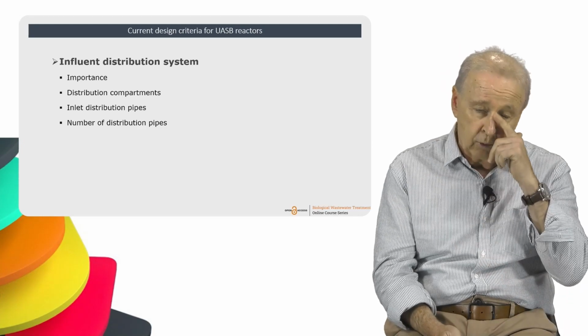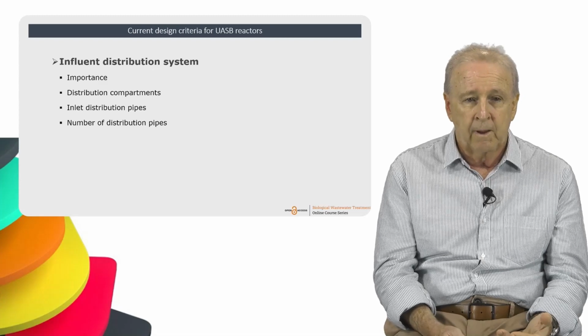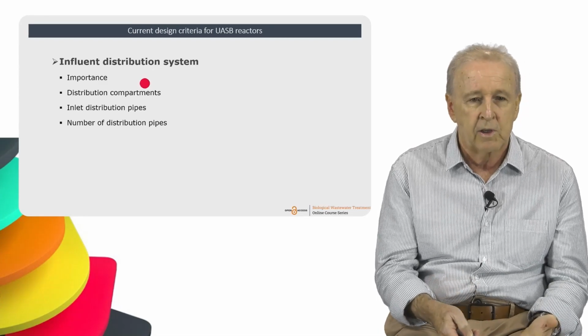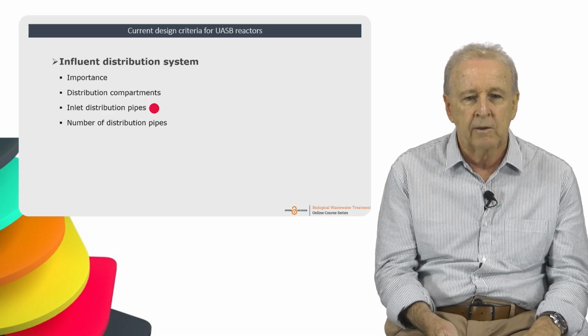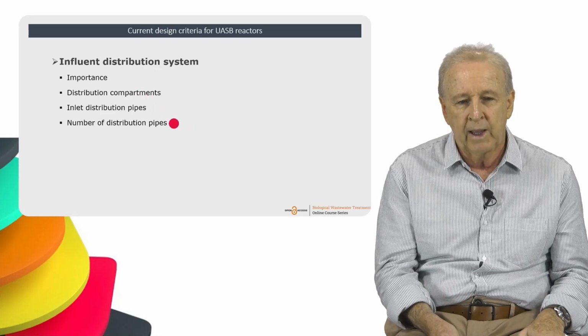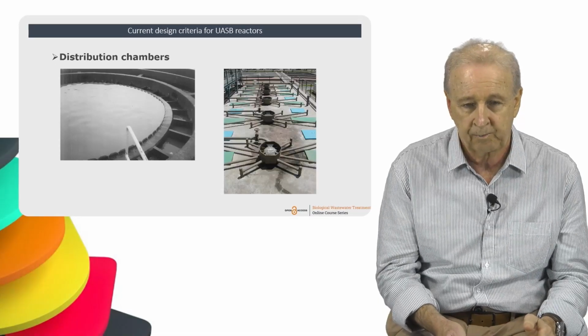And how do we do this? We need to have distribution chambers or distribution compartments. We need a certain number of inlet distribution pipes. And we have to define the number of distribution pipes to allow a good distribution inside the reactor. I'm going to talk about these three points in the next slides.